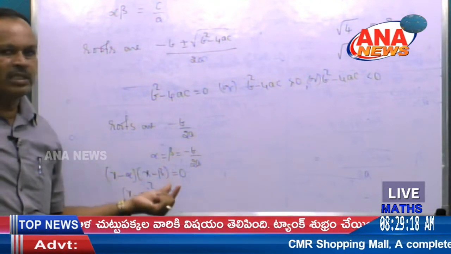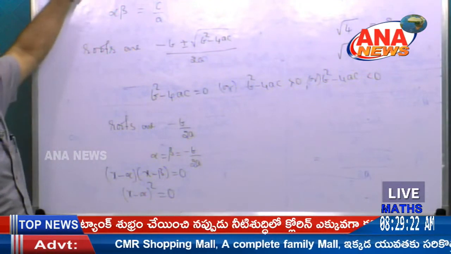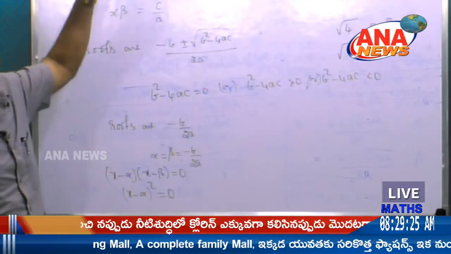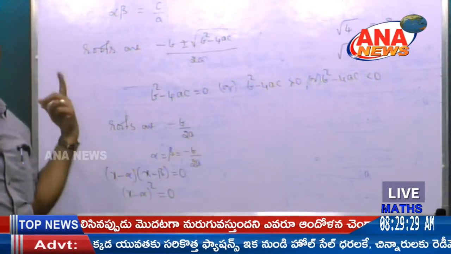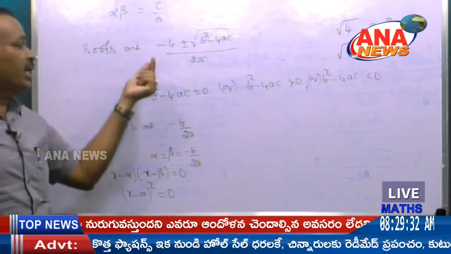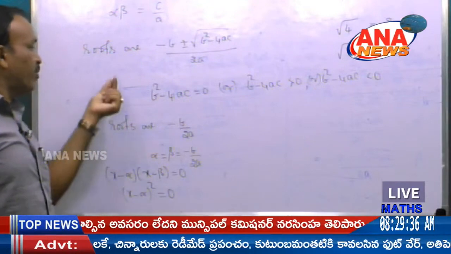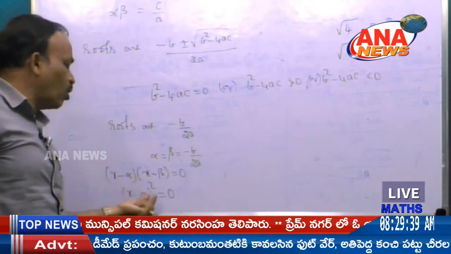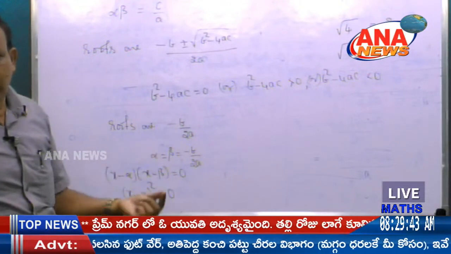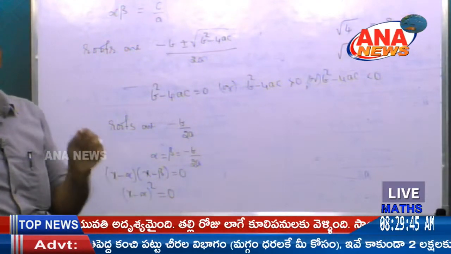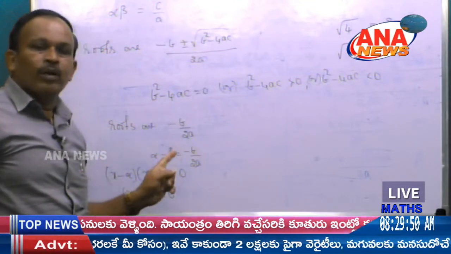See clearly, this expression ax square plus bx plus c is an exact square, that is x minus alpha whole square, when the discriminant is 0. In that case, both roots are equal to minus b by 2a.